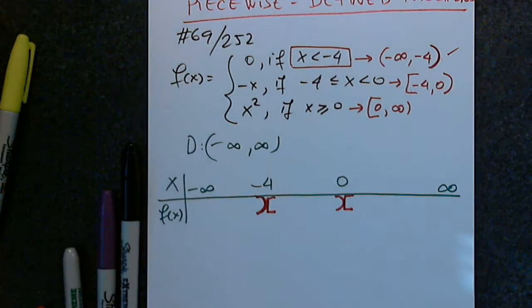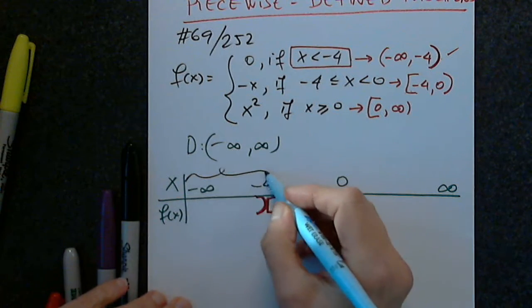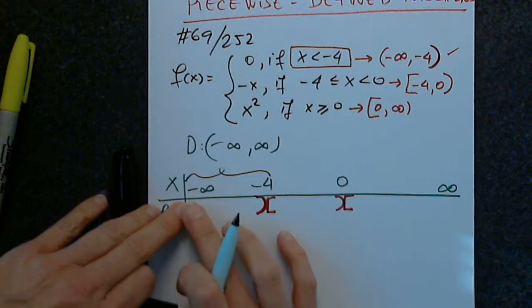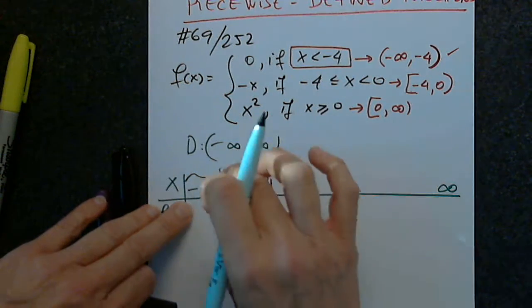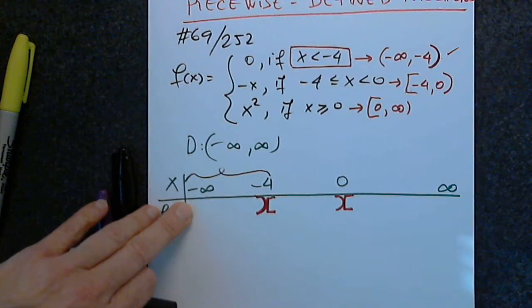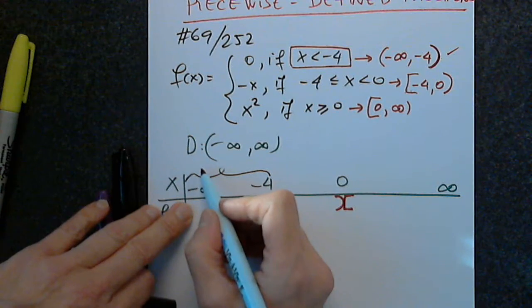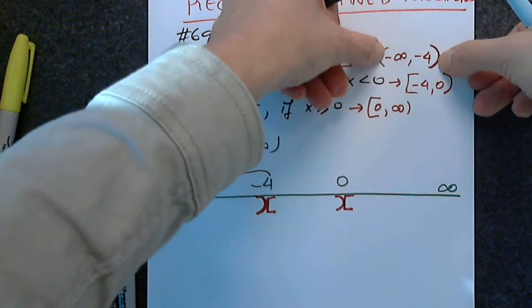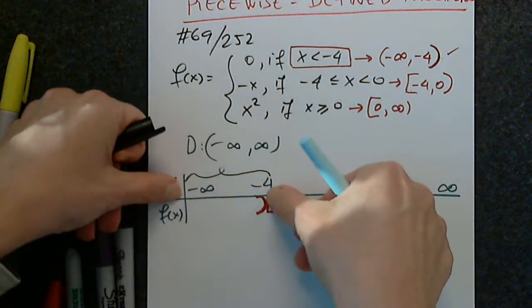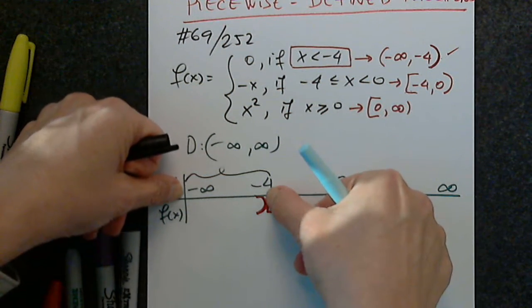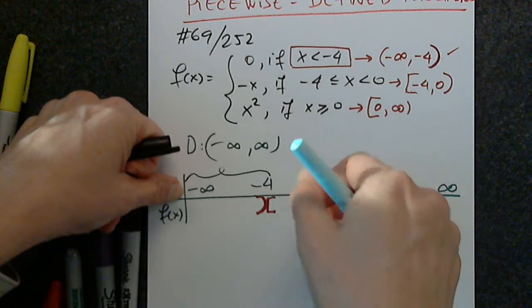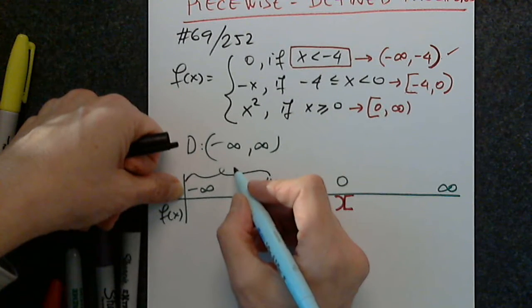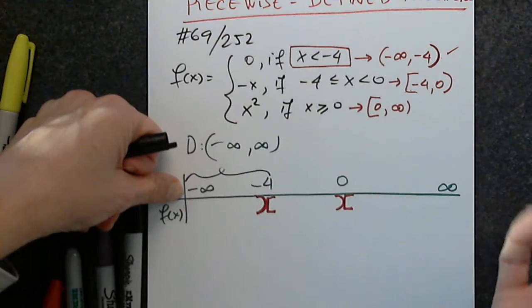Okay. What I'm going to do next is an overkill, but I'm going to ask which function we use for x values between -infinity and -4, because I want to put it here. Look at the first branch and tell me which function.